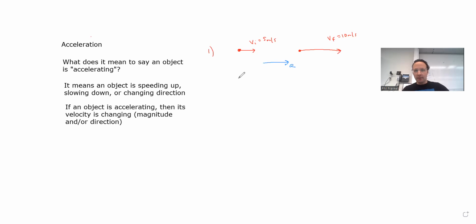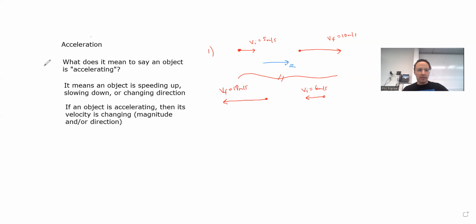Here's another, separate situation. An object is moving to the left at, let's say, 6 meters per second to the left. That's the initial velocity. And the final velocity of the object is 18 meters per second to the left.